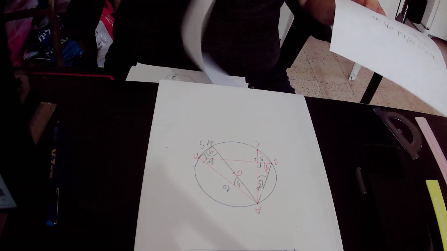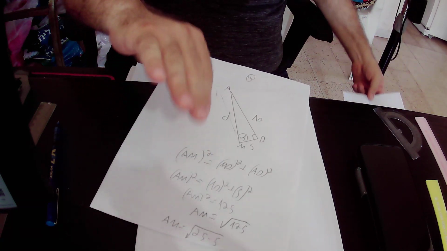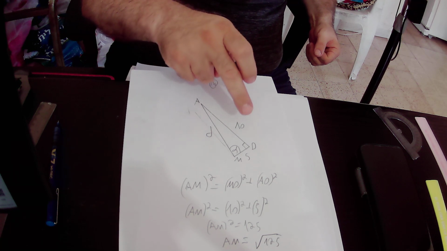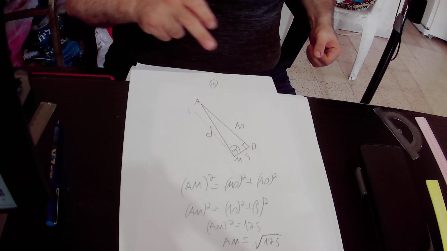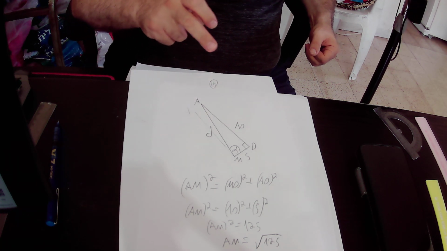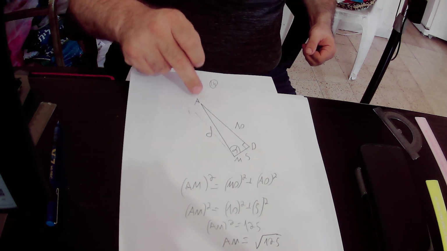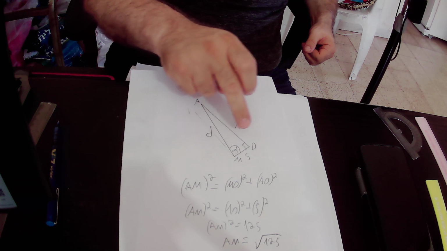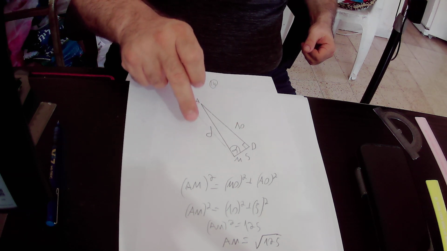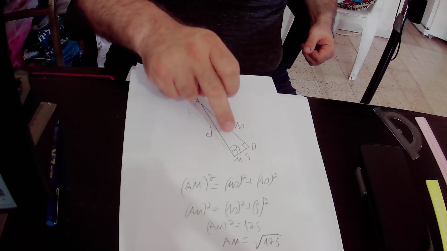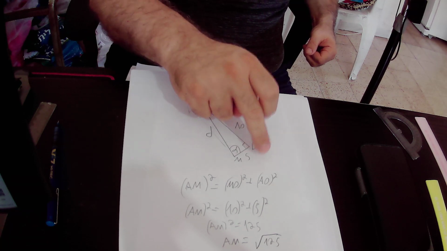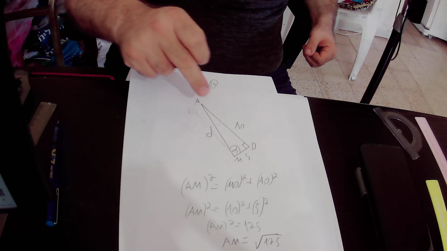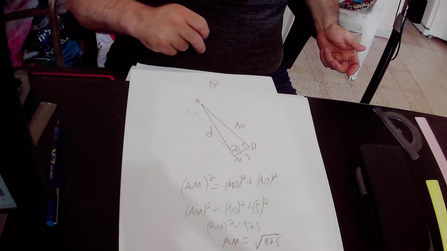And actually I drew the right triangle ADM again. The square of the hypotenuse, that is to say AM square, equals the sum of the squares of the perpendiculars. That is to say AM square equals DM square plus AD square, or MD square plus AD square. Okay?